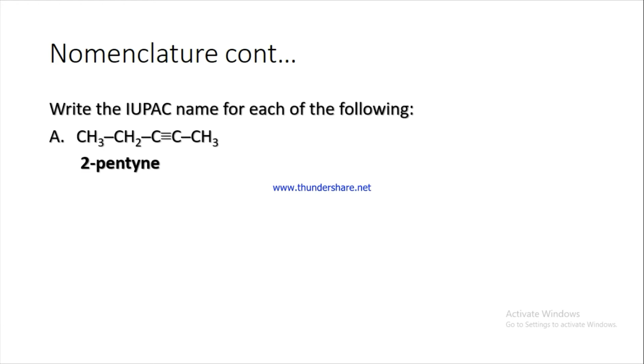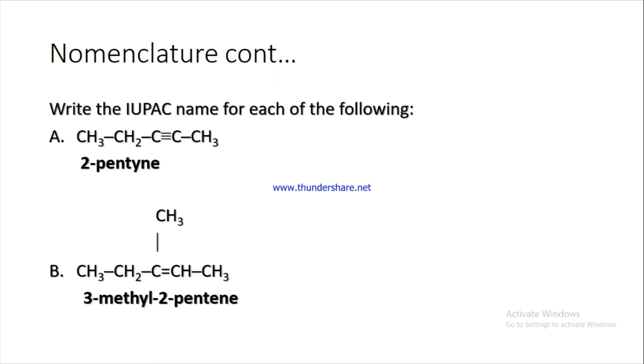Yes, I was right. And this one becomes 3-methyl-2-pentene. So you see, preference was not given to the substituent; preference was given to our double bond, such that the double bond is on the carbon atom with the lowest number.